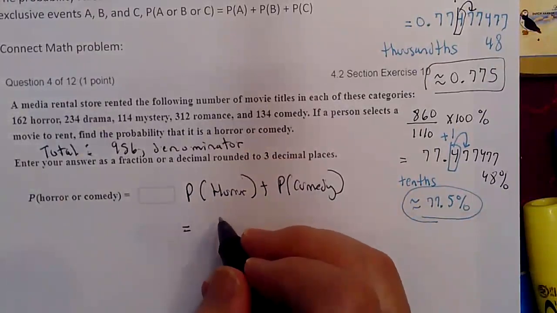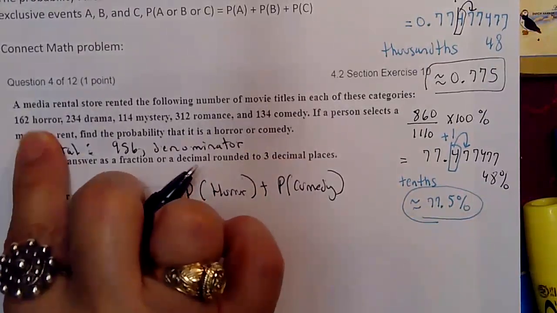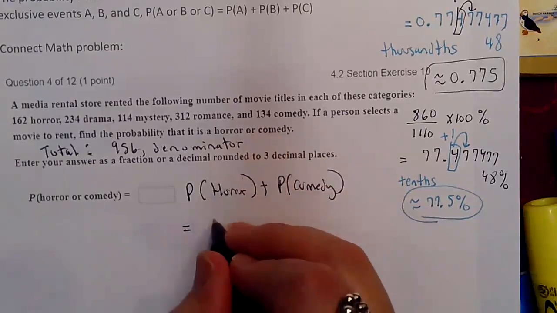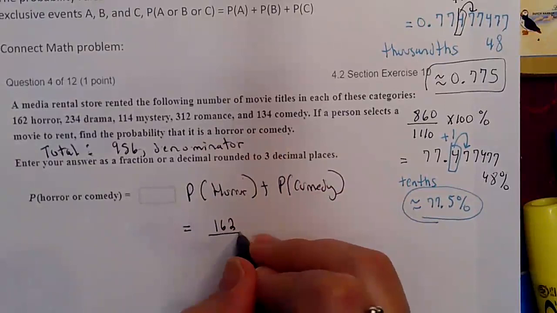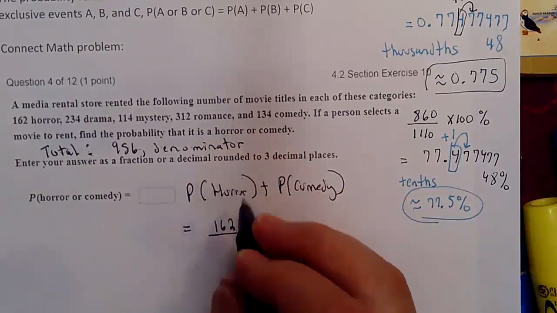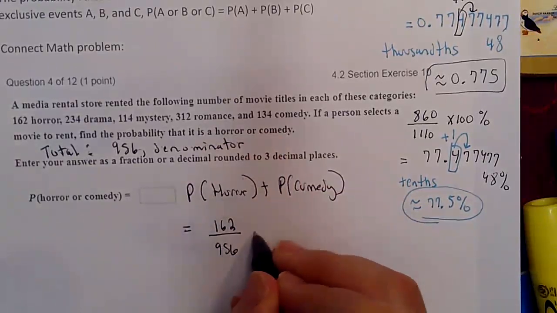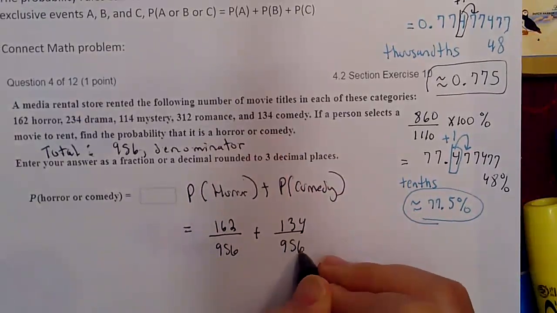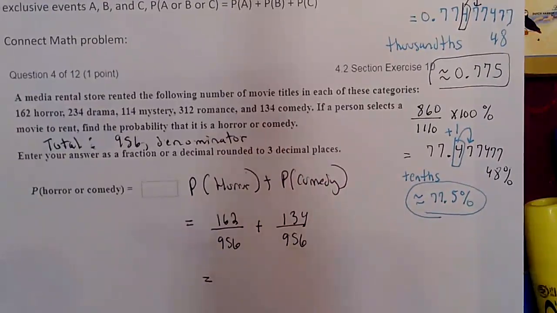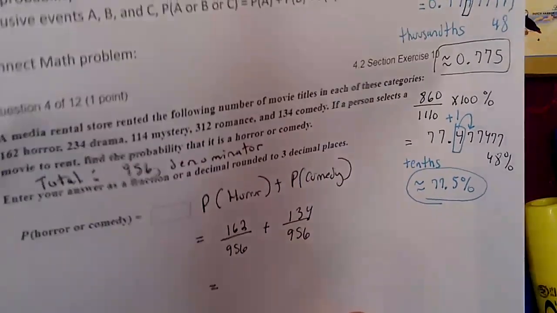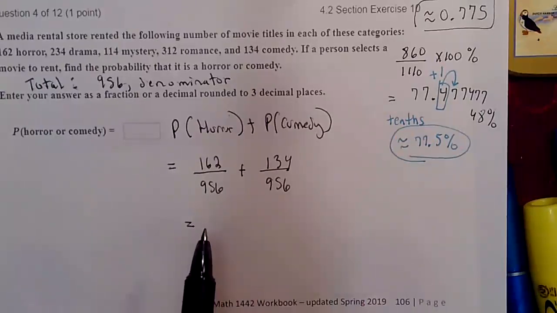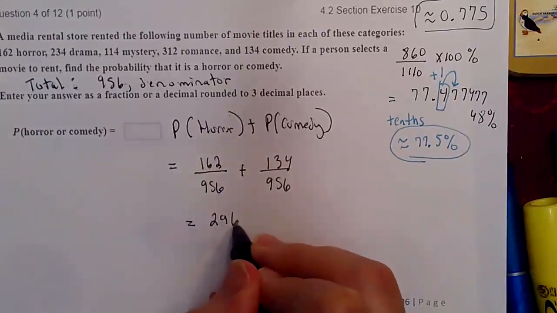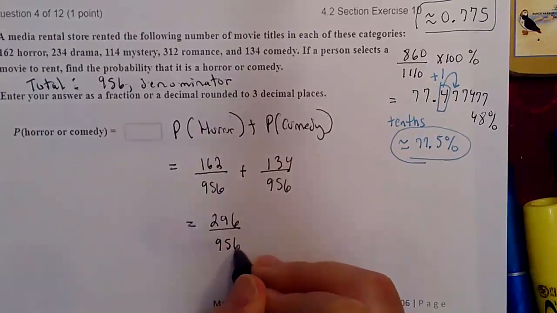The horror is 162, whereas the comedy is 134, and you have to put them over the total denominator, which is 956. And we're assuming there's no overlap, so there's no need to subtract anything. When you add those up, you get 296 over 956.